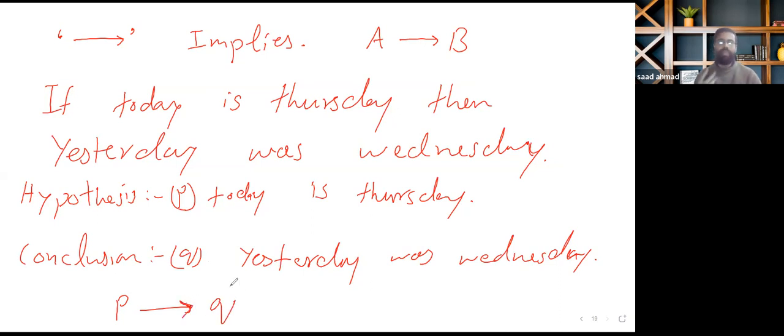Now, this statement has two possible answers. It can be true or it can be false. So we know that it is true: if today is Thursday, yesterday was Wednesday. There's no unclarity in this. Okay, so this is a conditional statement.